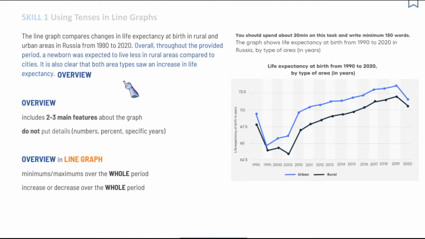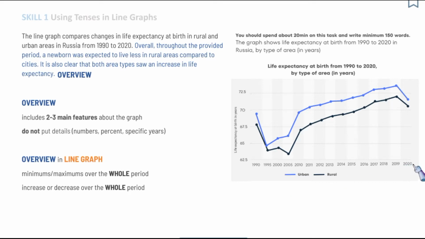Another good idea is to look at increases or decreases, again over the whole period. So how do we do that? Again, in our case, we are dealing with life expectancy at birth, and I want to compare the figures at the beginning of the period, 1990, and the end of the period, 2020.